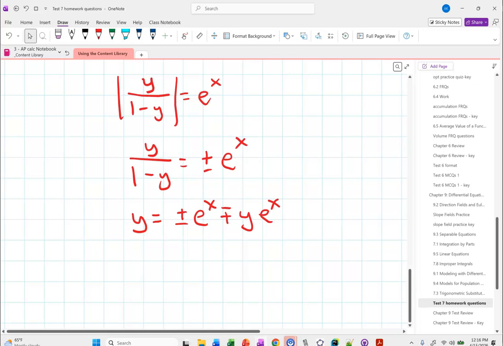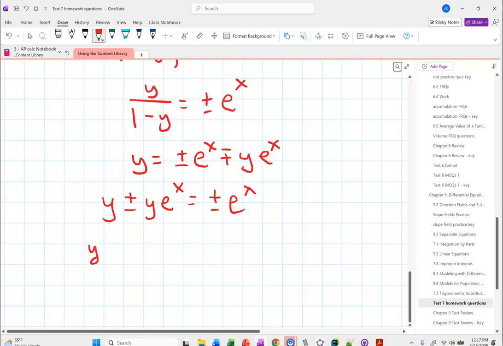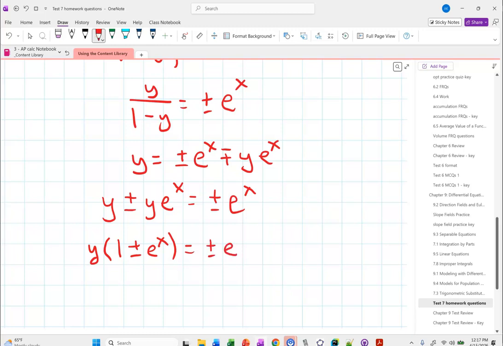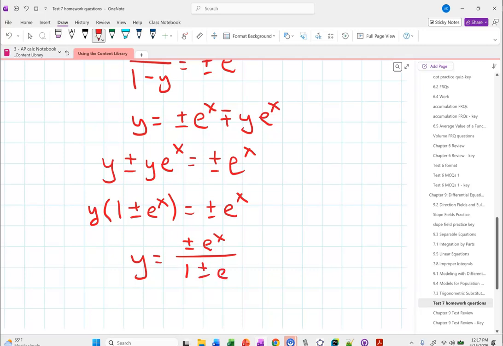We'll move the y over, or the other piece over with the y. Factor the y out. And then I guess we'll write it as f of x then. Woof, right?